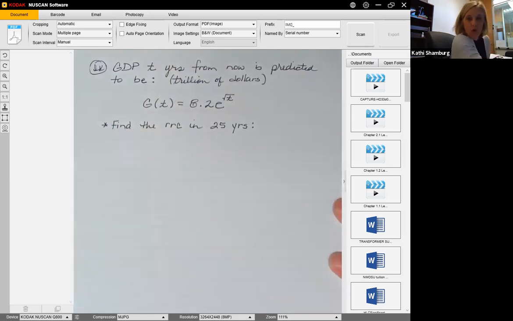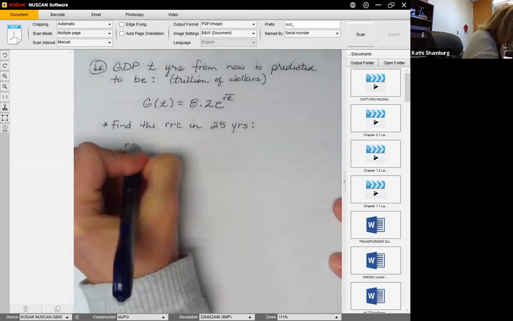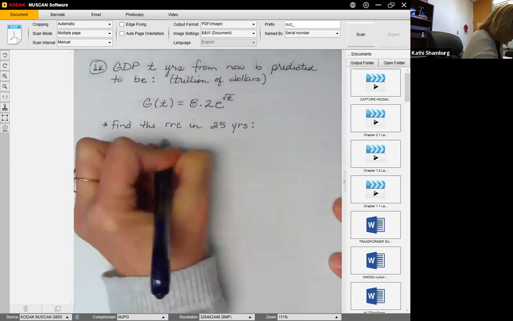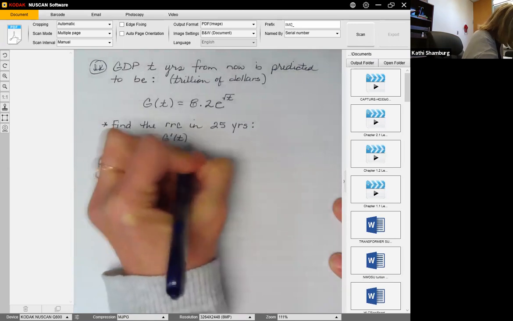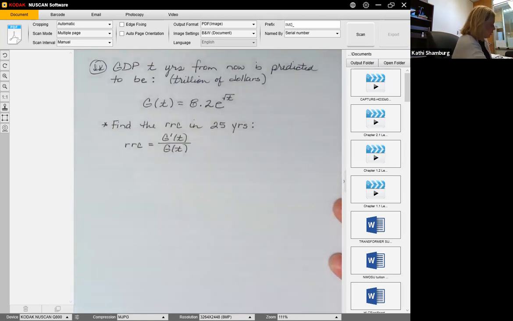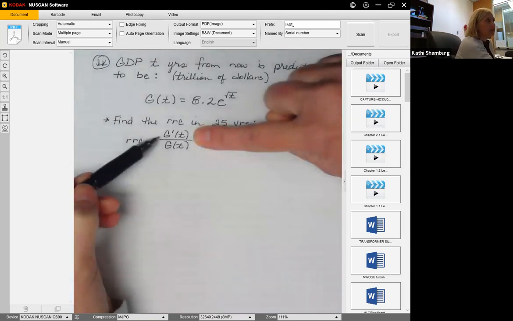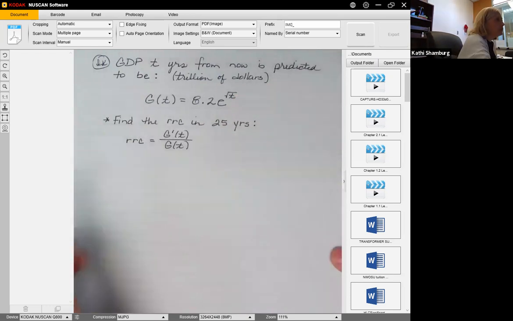All right, well, before I can plug in 25 years, I first need the RRC. And we know that to be, in this case, the derivative of the function over the function. So that tells me I need to find the derivative of this first, okay?